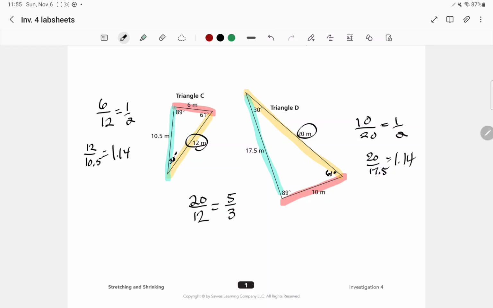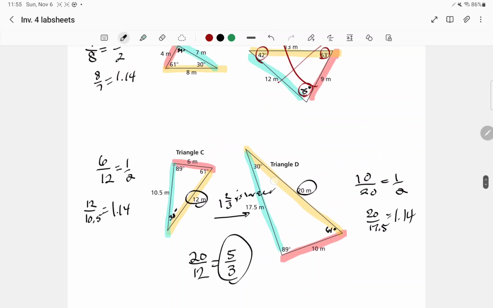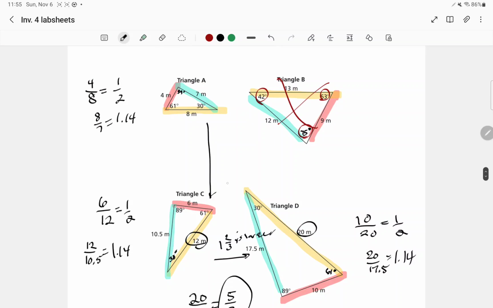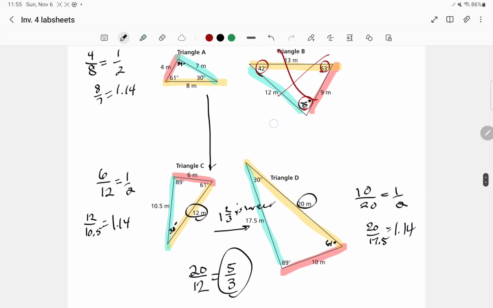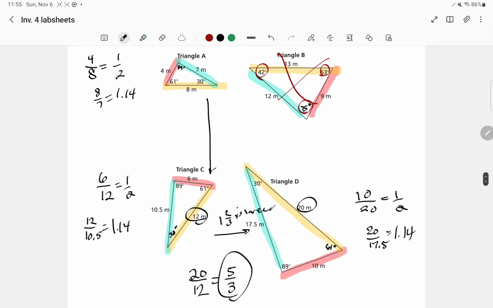And so this triangle right here is 1 2/3 times larger. That's what that scale factor will tell you. So if I compare this one to this one as well, I will get 1 2/3.